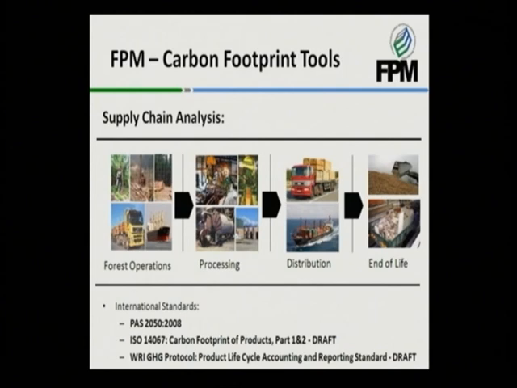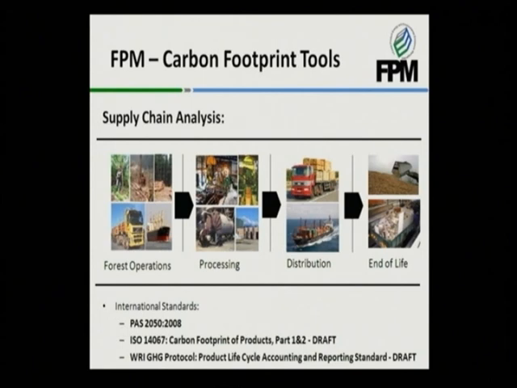The two tools have been developed applying life cycle analysis principles, which essentially breaks the supply chain down into its individual components and then looks to collect input data for each of those components within the supply chain and then analyses it in the context of carbon emissions.